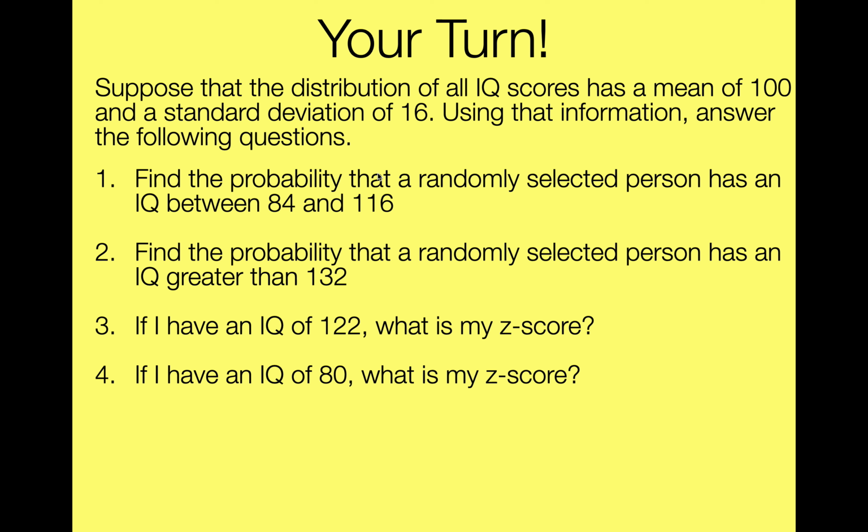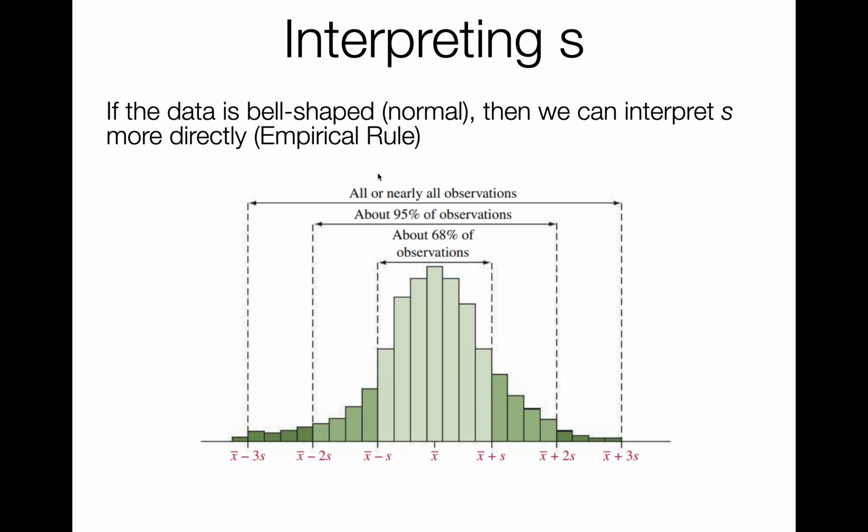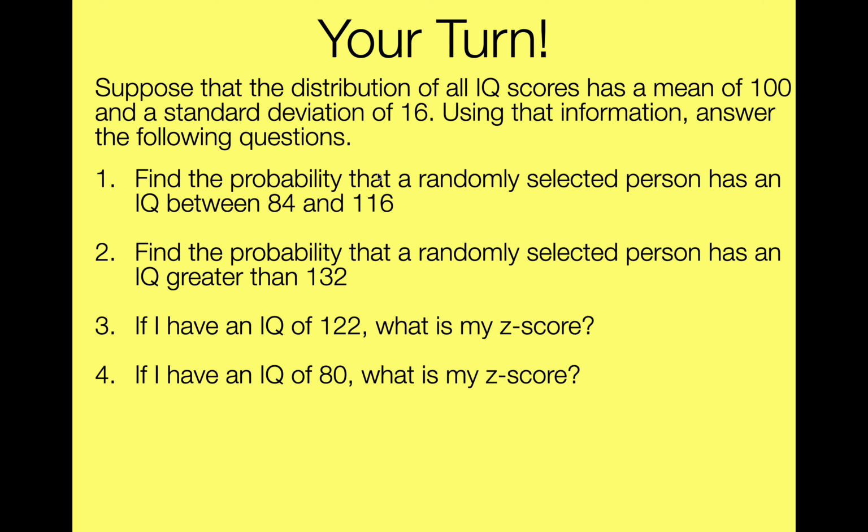So I can use the empirical rule to say that the probability that the randomly selected person has an IQ between 84 and 116 is 68%. I found that by going back to the empirical rule. So again, here's a your turn. 1 and 2 are about the empirical rule. 3 and 4 are about z-scores.